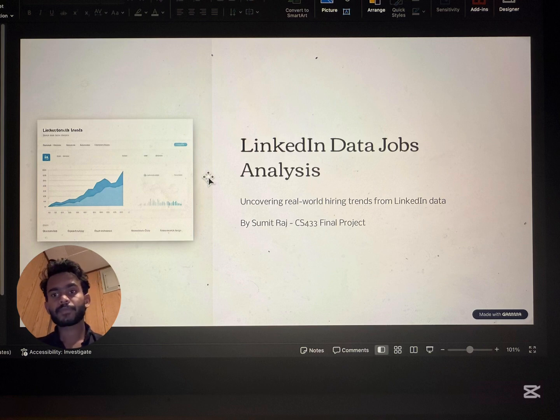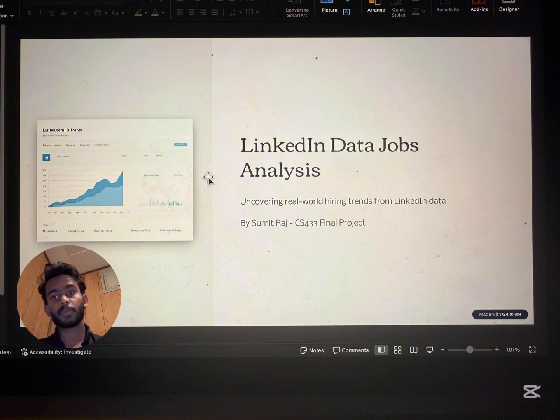The goal of this project was to gain insights into the current job market by analyzing LinkedIn job postings. I focused on finding trends in job roles, locations, hiring companies, job types and required skills.